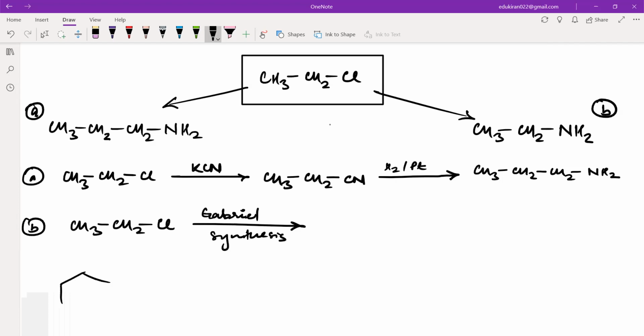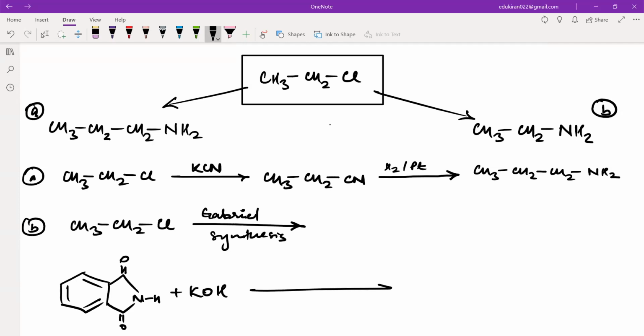That is, we will take a phthalimide in the presence of KOH, and then we will treat this with CH3CH2Cl, and then H2O in the presence of H plus, you will get CH3CH2NH2. है ना? Please remember, we will not do directly ammonolysis, because ammonolysis is going to give you a mixture of products.